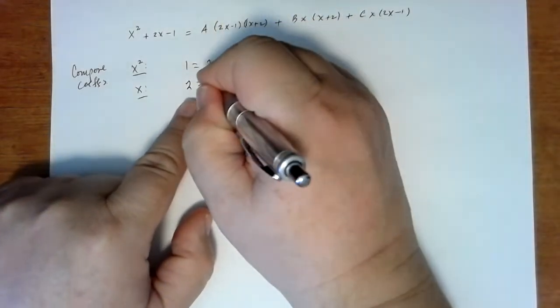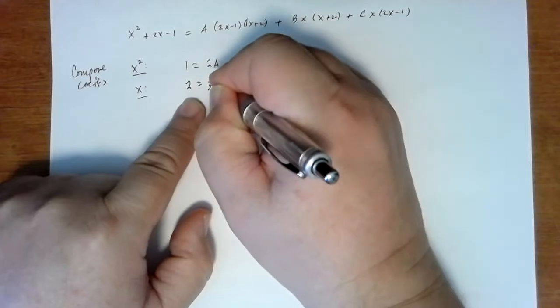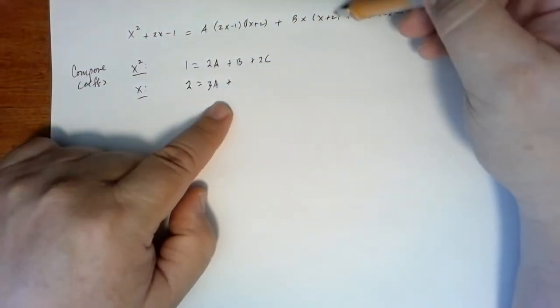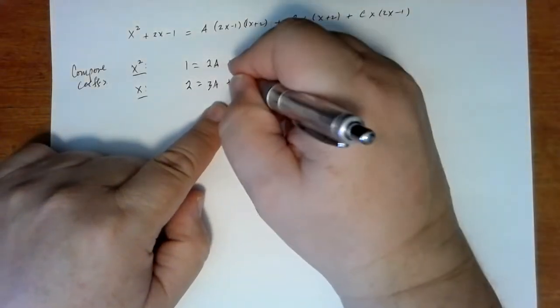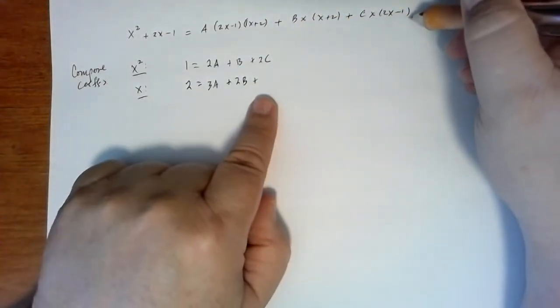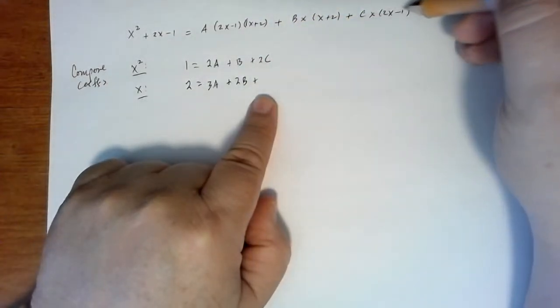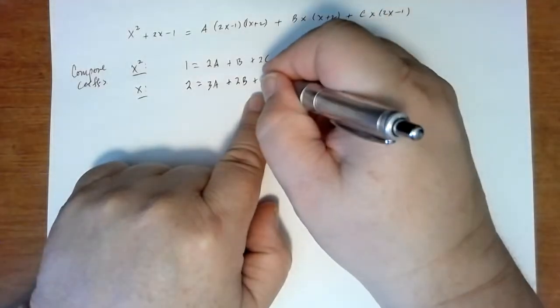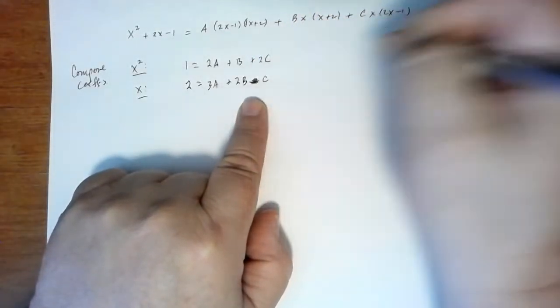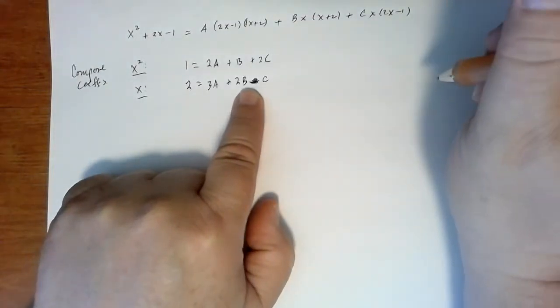Is that going to be 3a? I think that's right. Plus, in this case, the only way we're going to get an x term out of this is 2x, so that's going to be plus 2b. Okay, how about this side? Looks like we're going to get a minus c there. Oops, sorry about that. That'll give us our x on that side.